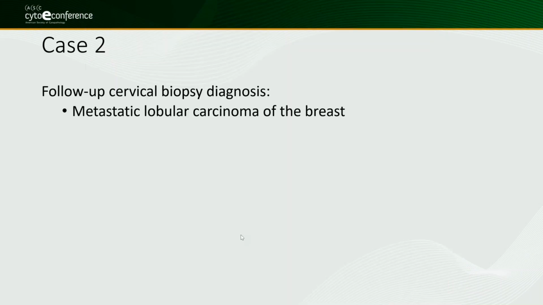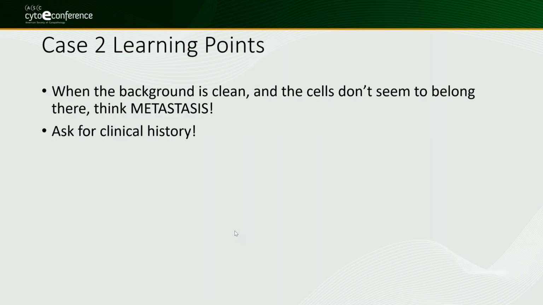I don't think it's specific, but it usually points to that, and the cells look more or less monomorphic. So this turned out to be a metastatic lobular carcinoma of the breast. And again, when the background is clean and the cells don't seem to belong there, think metastasis, ask for clinical history. So that's the second case.